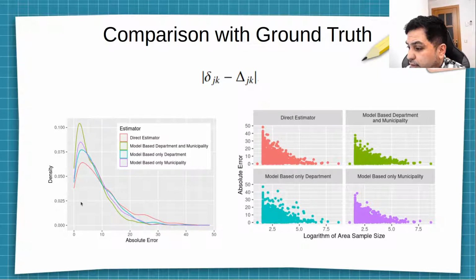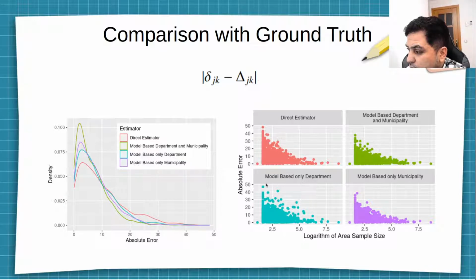Each point here represents a municipality, and we can see that most municipalities have an error quite low, and the other estimation schemes come higher. All win against the direct estimator, and the ones that include municipality behave better.